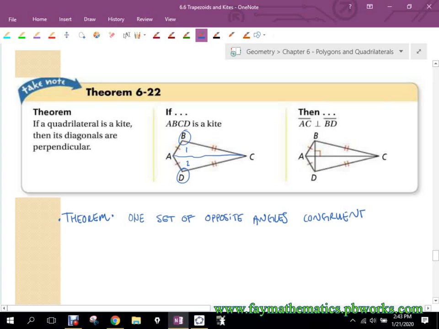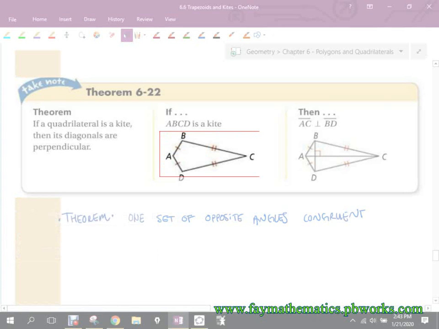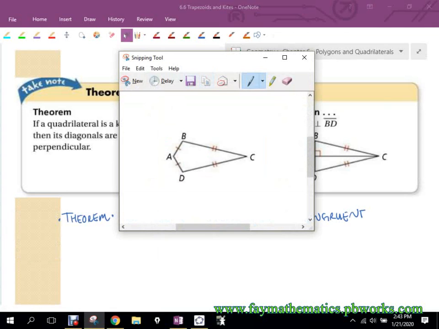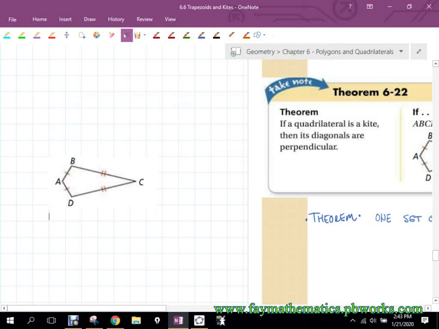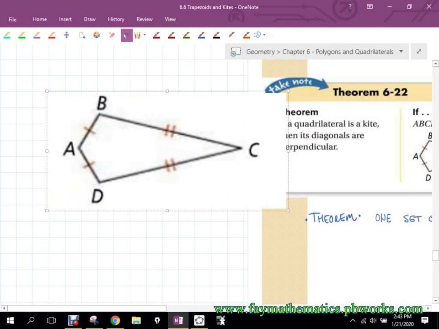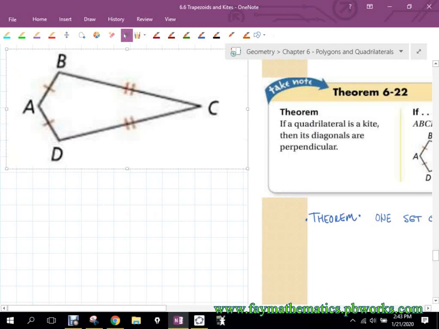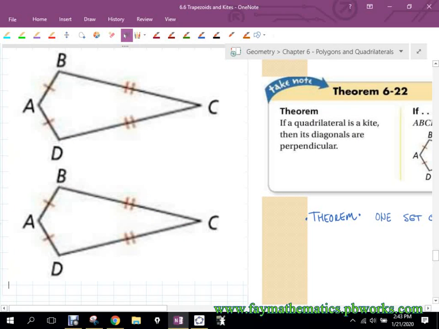And those are found, that the set is found. Let's kind of look at this. If I take my two diagonals, let me clean this up. I'm going to cut and paste it real quick so we can blow it up a little bit. If we look at those two, I'm going to draw one diagonal from A to C. Let's look at that red diagonal.